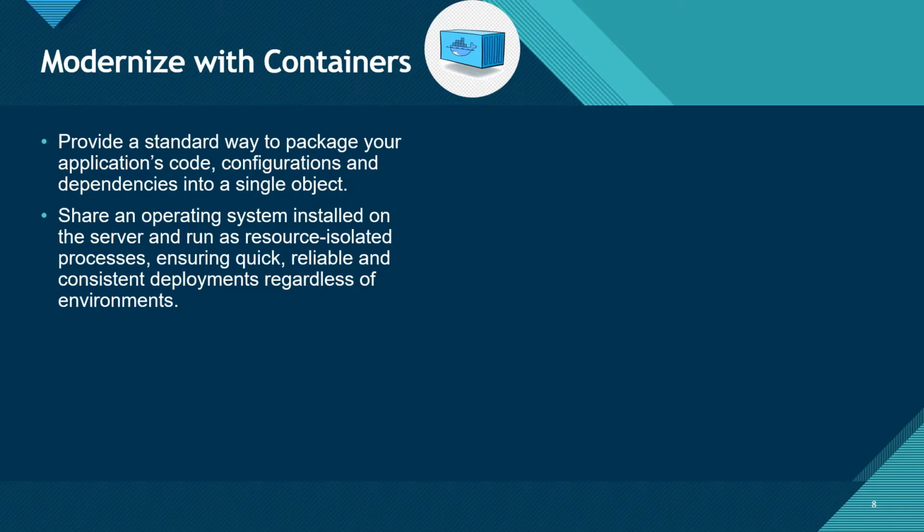Because in a microservices environment, your apps have different dependencies, different configurations, different secrets, and different libraries they need to work efficiently. So containers help us isolate different services and give us a standard way to package our apps.